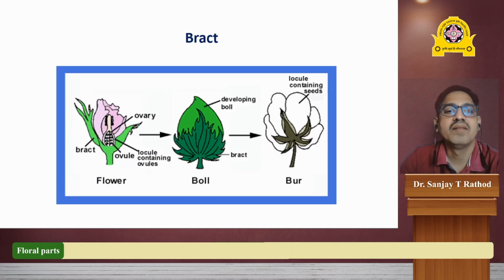What are bracts? Bracts can be seen in some flowers. Sometimes calyx and bracts are somewhat similar, but the bracts remain at the outermost layer, and inside the bract, the calyx is there.